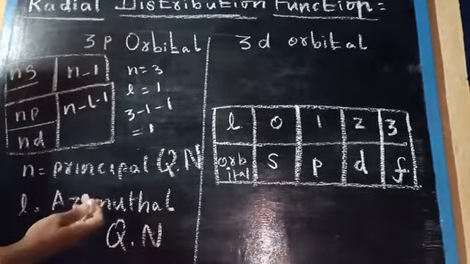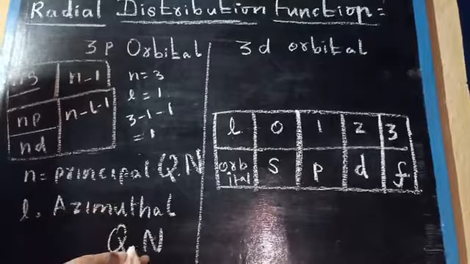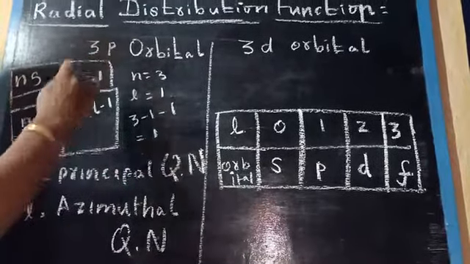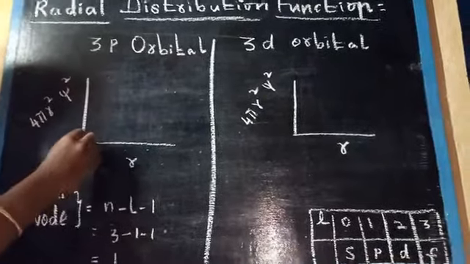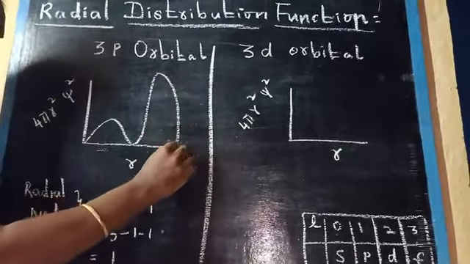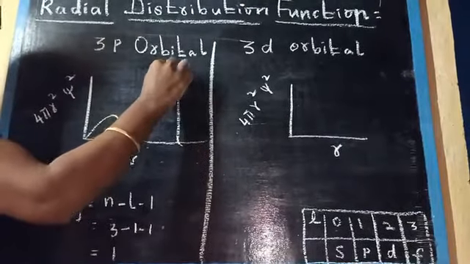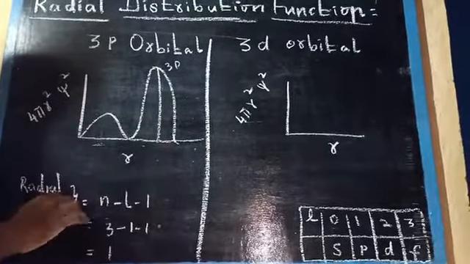Now I draw the graph, to find out from the graph how many nodes there are for the 3p orbital. This is a diagrammatic representation of the 3p orbital. The previous one is 3s.